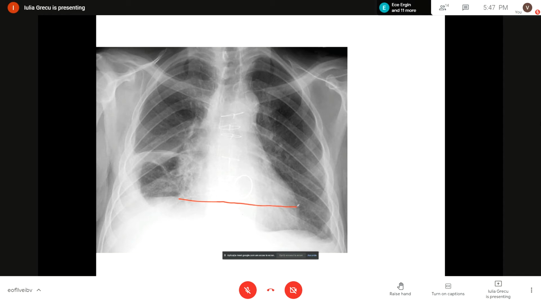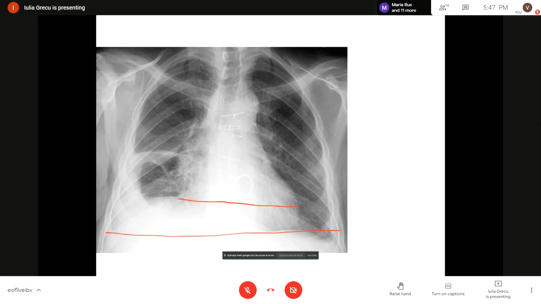This will be quite nasty, I'm sorry. So we will measure this transverse diameter of the heart, and we will compare it to the widest diameter of the thoracic cavity. And if it's over 50%, that means it is an increased cardiac size. This is called cardiothoracic index.